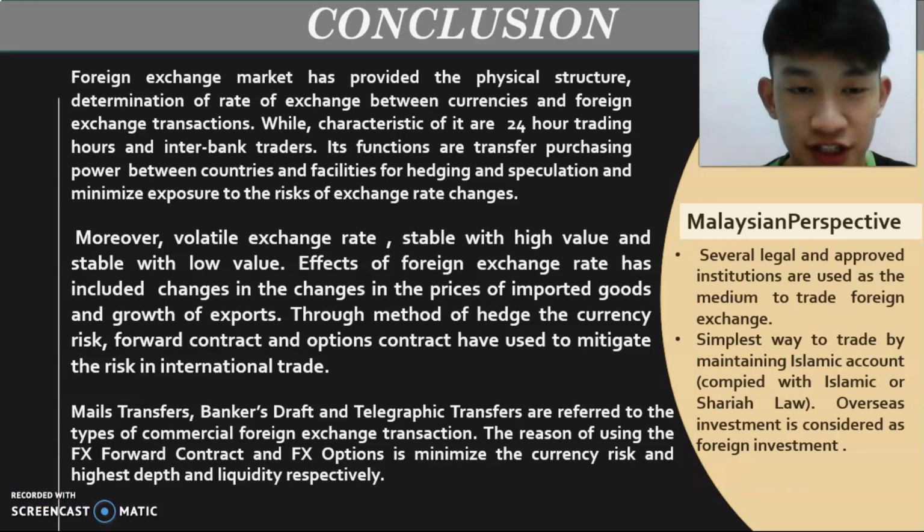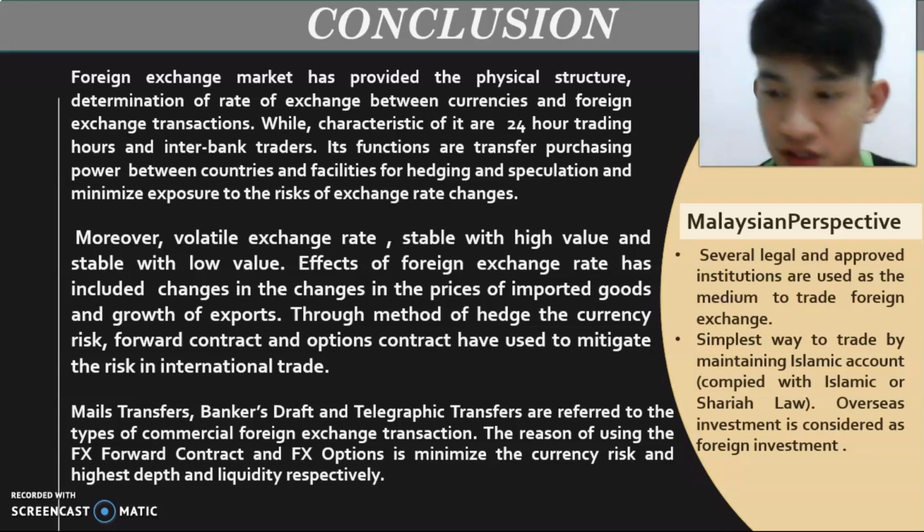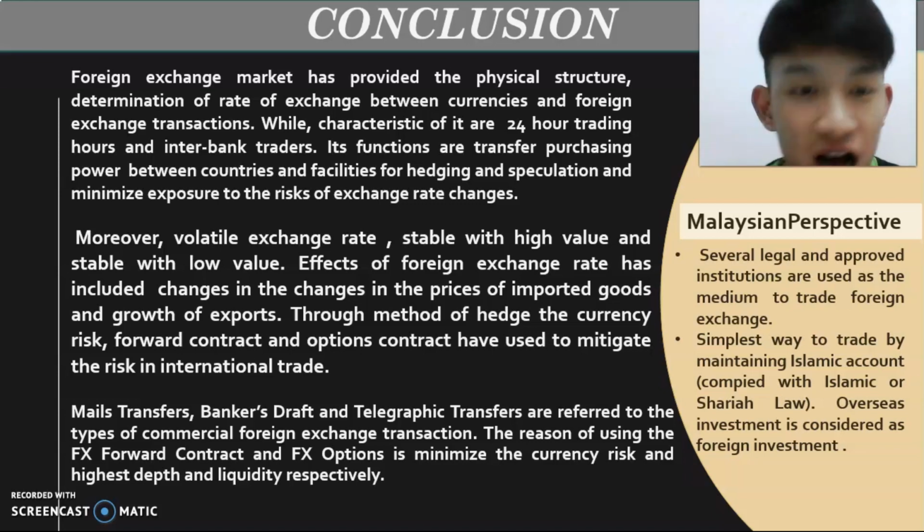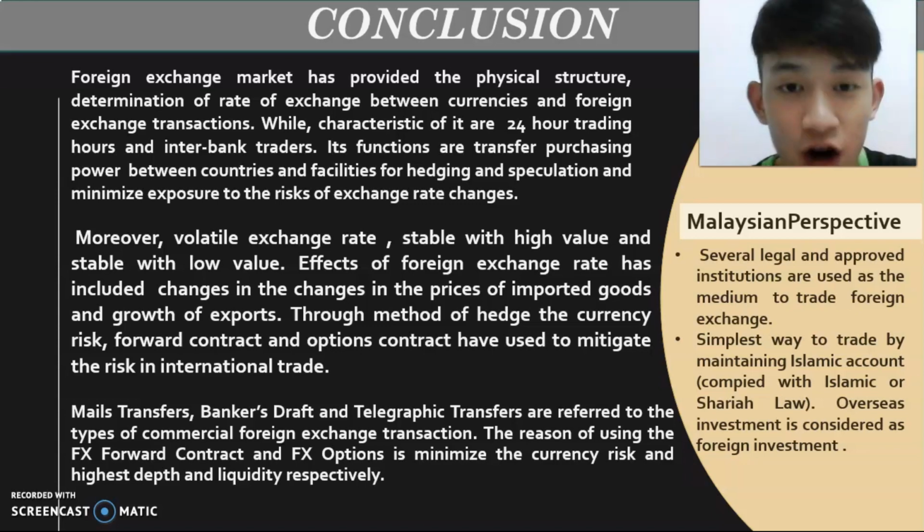For a conclusion, as we have mentioned, foreign exchange is a market in which the currencies of different countries are traded against each other, just like the trading of goods and services in an ordinary market.